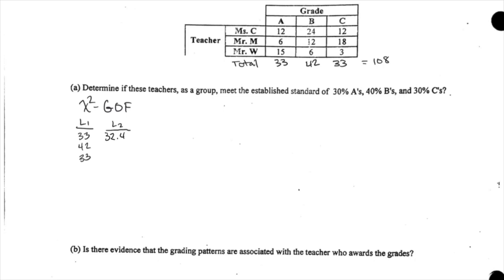And then 0.42 times 108. That's going to be 45.36, and then oh, no, I messed it up. It's not 0.42, it's 40%, so 0.4 times 108.